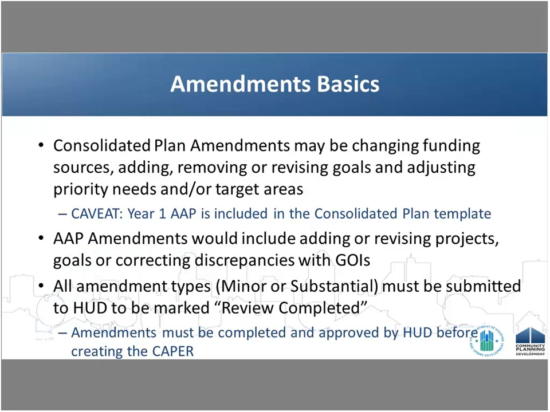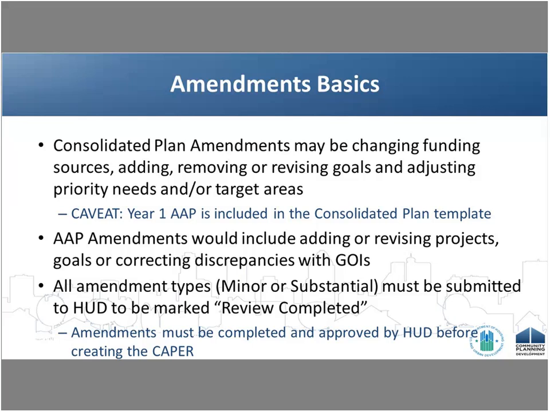I'd like to say grantees should always consult their citizen participation plan before processing an amendment. The citizen participation plan should also indicate whether an update would require a substantial amendment. All amendments, minor or substantial, should be submitted to HUD and be marked review completed.